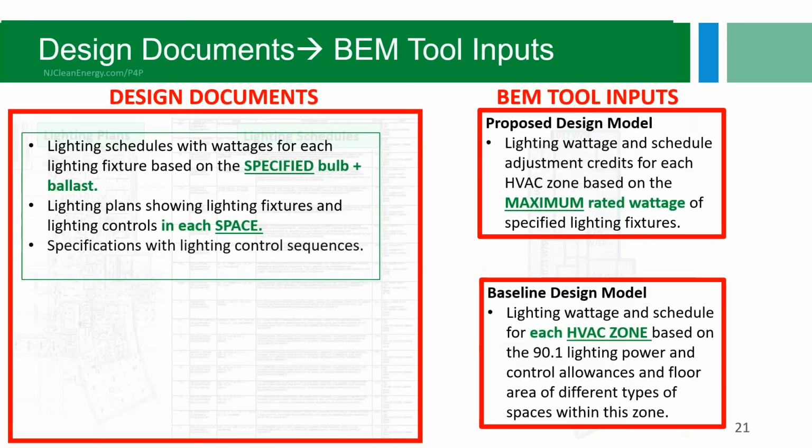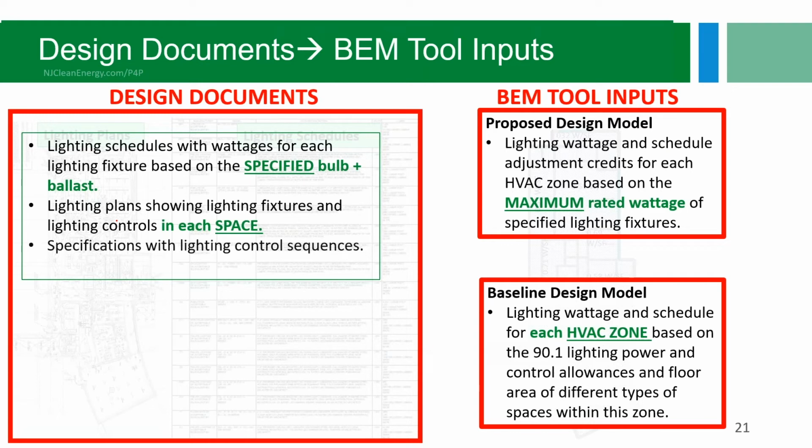So in a little bit more detail, in the design documents, we've got our lighting schedules with wattages for each fixture based on the specified bulb and ballast or the total integrated fixture. We've got our lighting plans, which show you the number and location of the fixtures. They also generally show you the proposed lighting controls for each space.